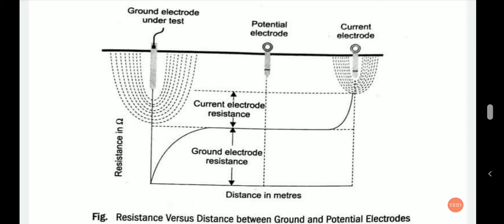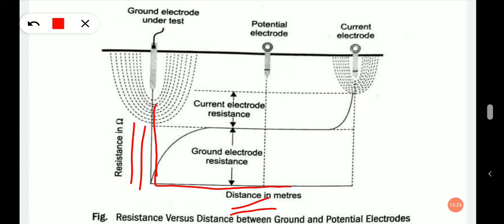At the instant potential electrode approaches current electrode, the resistance again rises rapidly. Here we can see this graph, distance in meters and on this side resistance in ohm. Here the potential electrode and current electrode are shown, and this is the ground electrode under test.